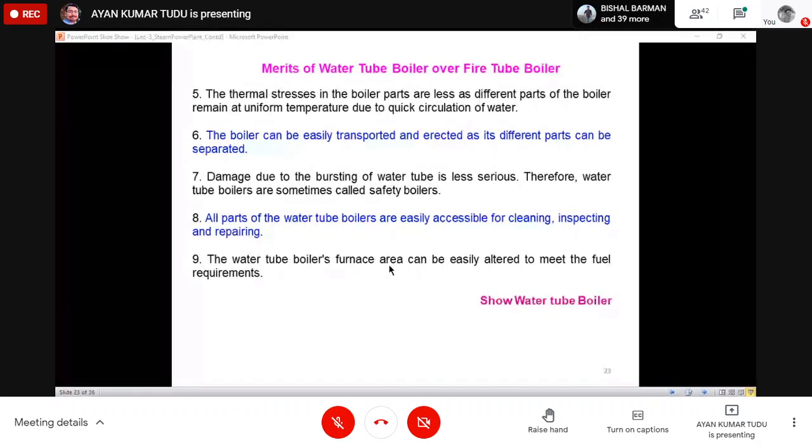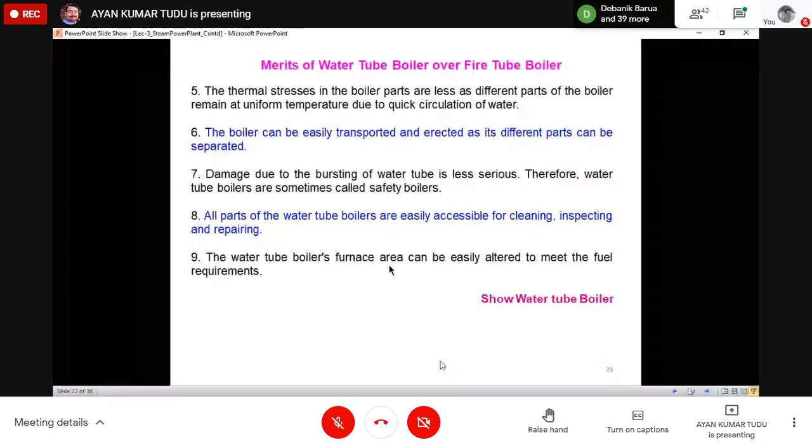Eighth point, all the water tube boilers are easily accessible for cleaning, inspecting, and repairing. All the parts of the water tube boilers are easily accessible for cleaning, inspecting, and repairing.